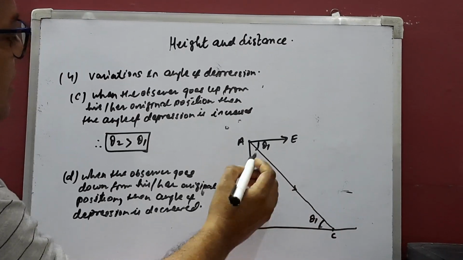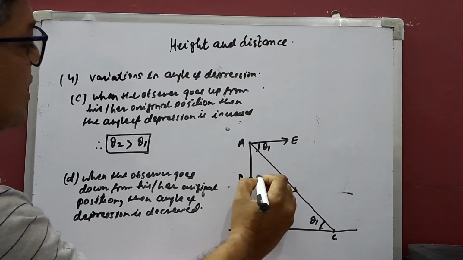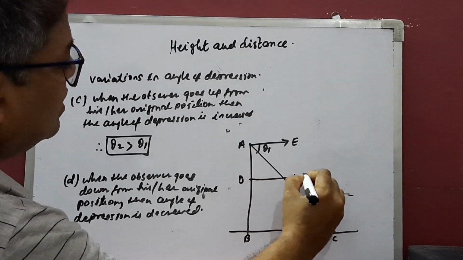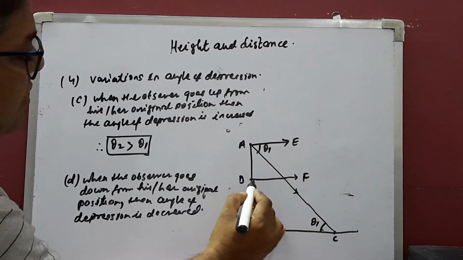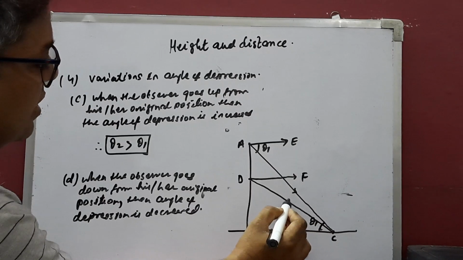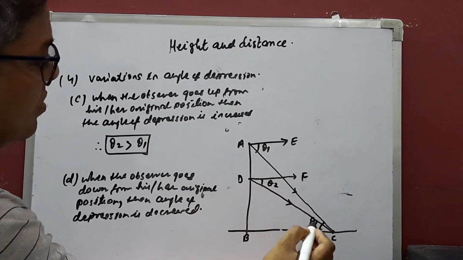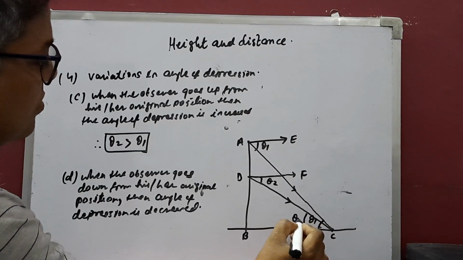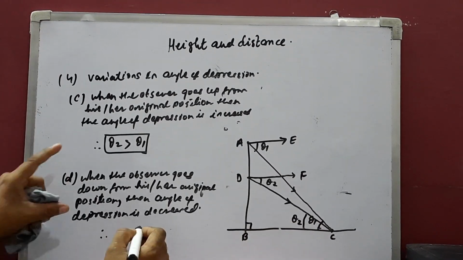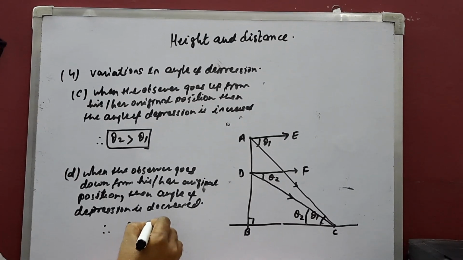Now the observer has come down like this, and from here you will plot another horizontal F, and you will watch this object along this line, and this is called theta 2. Also this is theta 2. So according to this information, theta 2 is less than theta 1.